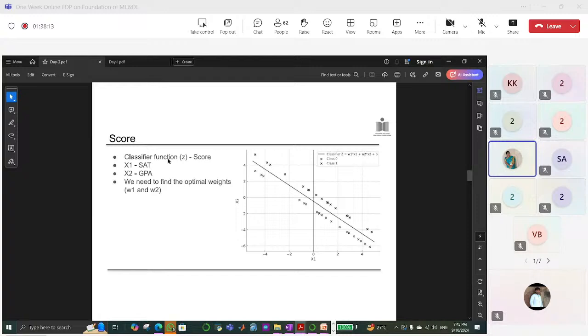So in the classifier function, x1 is the SAT score and x2 is the GPA, and we need to find the optimal weights. How to find the optimal weights? Here is the expression z equals x1 w1 plus x2 w2 plus b.